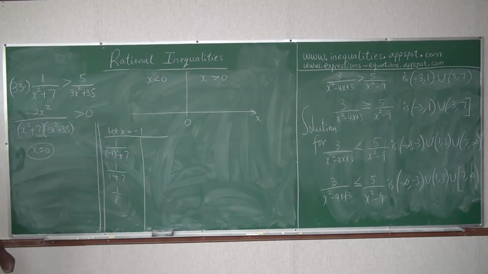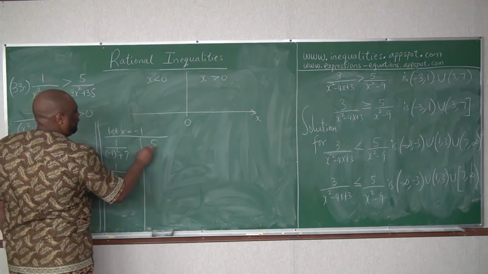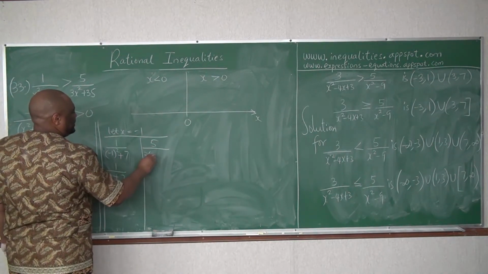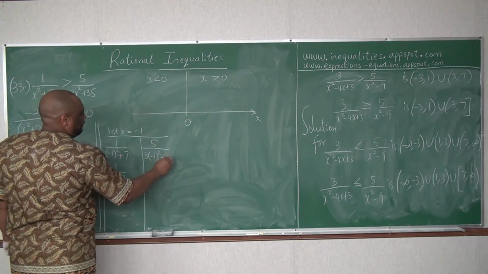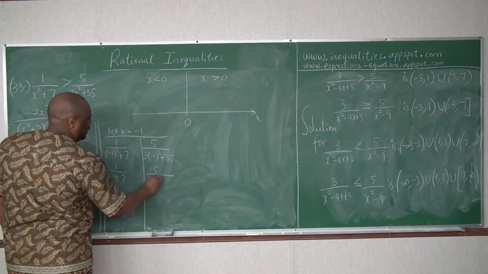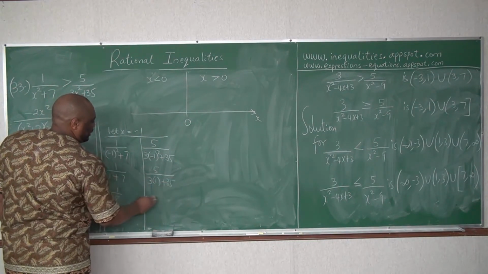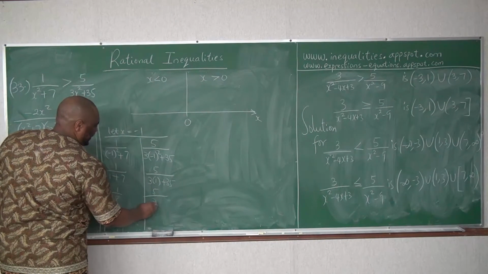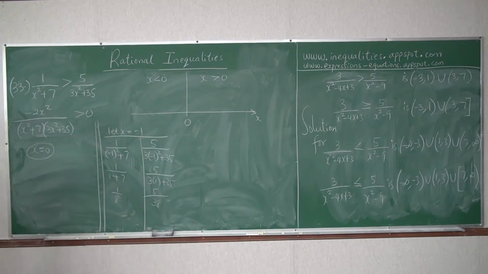On the right, we have 5 over 3 times negative 1 all squared plus 35. So this is 5 over 3 times 1 plus 35, which is 5 over 38.